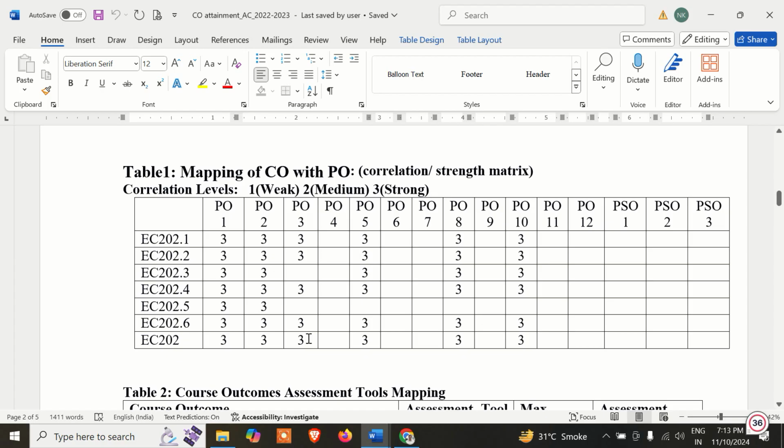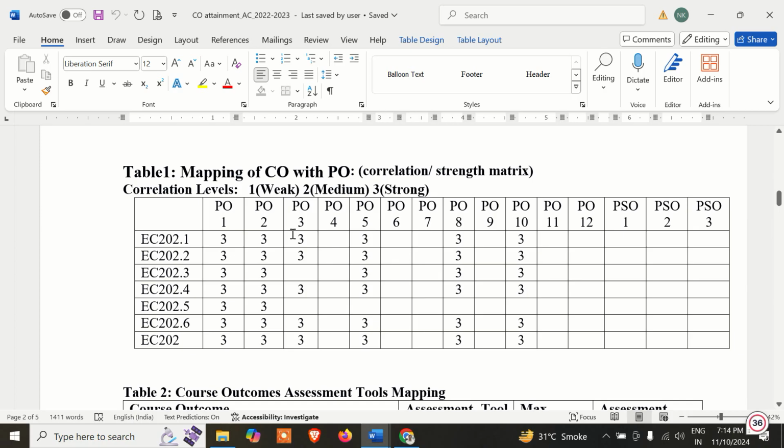It could be weak, medium, or strong. Since this is an audited process, let us have uniformity. Otherwise, you can also scale it on a scale of 10 or 5 or whatever. But here they said, as a standard norm, 1, 2, 3. Weak is 1, strong is 3.